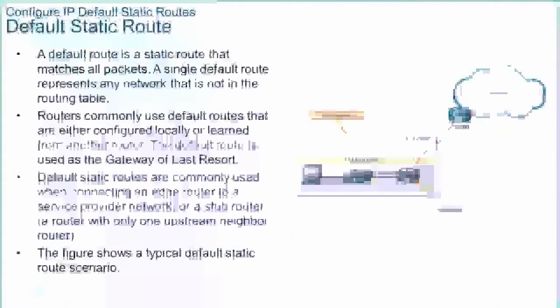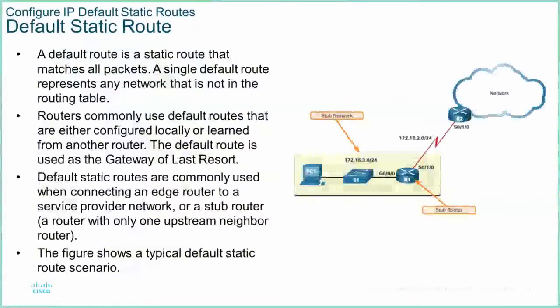Now, a default static route is a special one. What we're doing is we're configuring a catch-all. Now, I'll remind you that when we're looking up the actual static route itself, we go through the routing table and look for a match with the longest bit match as possible before selecting that route and forwarding to the destination.